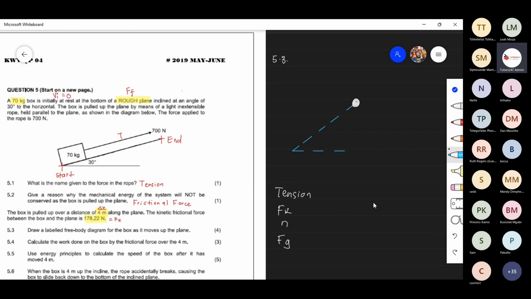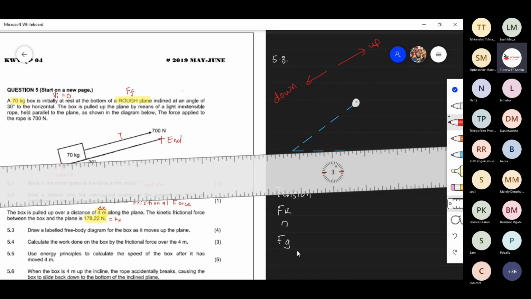Now let us start with tensional force or tension. We know that tension is parallel to our plane and moving up the incline or up the plane. Something important, this direction would represent down the plane and this direction would represent up the plane.